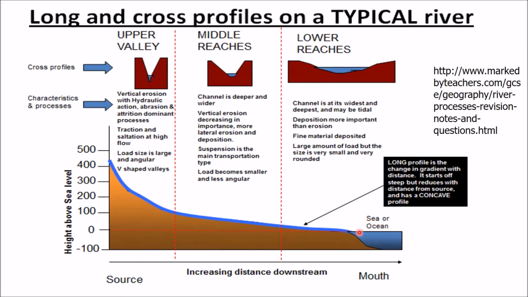For example, we have the Red River along here. Maybe we may consider the part in China as the upper valley. From the China boundary between Vietnam and China, for example from Lào Cai to Việt Trì, to Phú Thọ is the middle reach, and from Việt Trì down to the sea, we can consider it the lower reach.